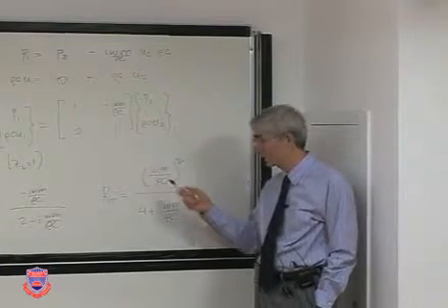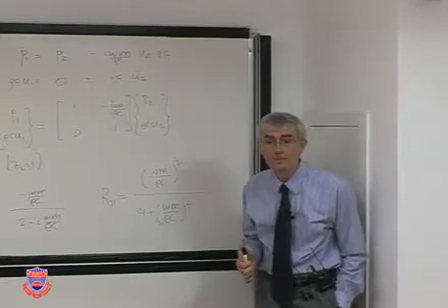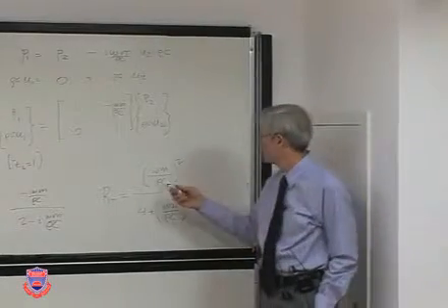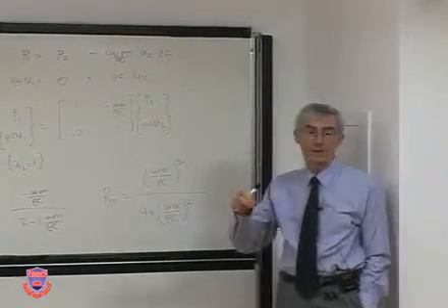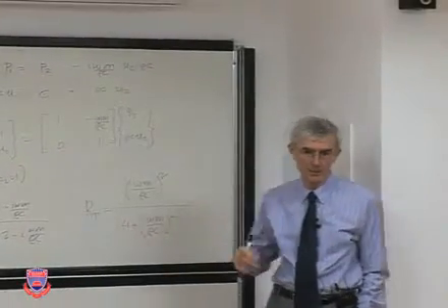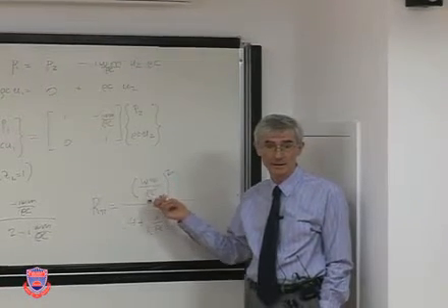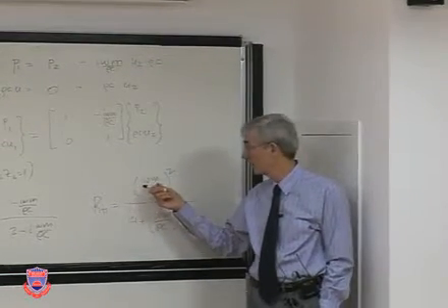It depends on frequency. What else does it depend on? Medium. Exactly. You can have a piece of plastic membrane and put it in water. Of course, it's going to have very little.